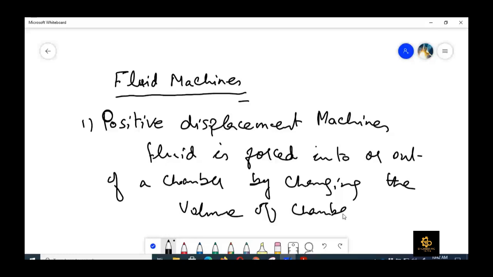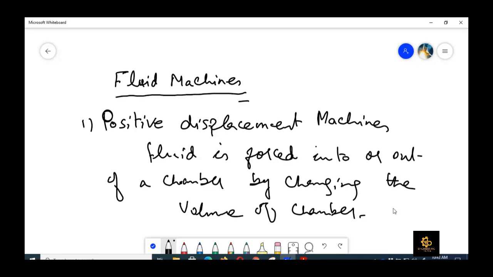It is just the fluid either coming in or going out of that control volume by changing the volume of the chamber. The very common example of that is the human heart. It pumps the blood out to every part of the body and then takes it back. Another is a bicycle pump: when we push that plunger down, we are forcing compressed air into the tire of the bicycle.